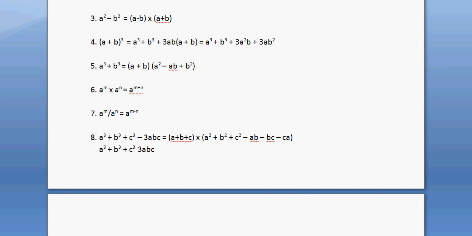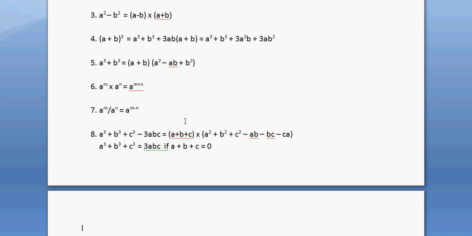A cube plus b cube plus c cube is equal to 3abc if a plus b plus c is equal to 0. This result is particularly very important, and you might get a question from this result only, right?